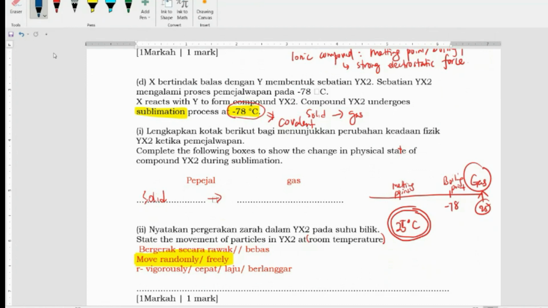R is a reject, reject. Maksudnya tak boleh terima. Move vigorously, move fast, and then collide, berlanggar. Semua ni tak boleh diterima. Okay? Move randomly or move freely, boleh diterima. Okay, boleh kelas?